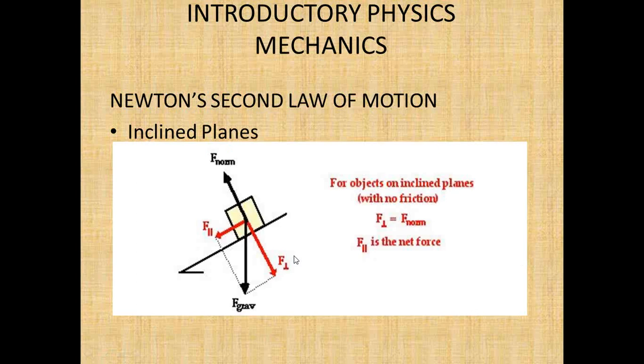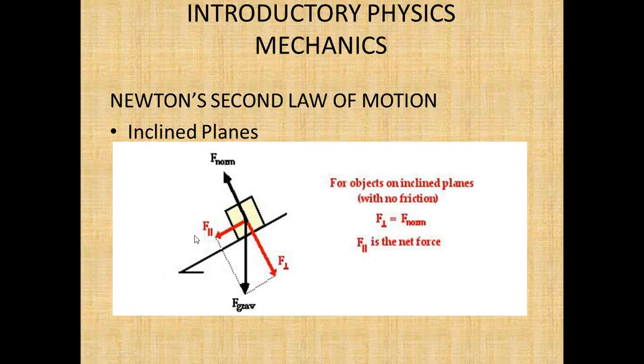Okay. So again, when you have an object on an inclined plane, that object is going to be subjected to a number of forces. The force due to gravity is vertical, and when you resolve it, you resolve it into its parallel component and its perpendicular component, parallel and perpendicular to the inclined surface.